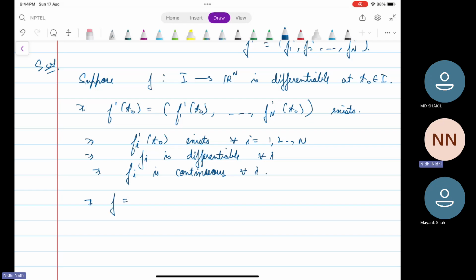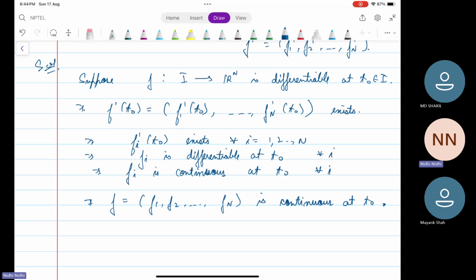This implies f, which is equal to f1, f2, ..., fn, is continuous at t naught. That's it. So function differentiability implies continuity here as well.